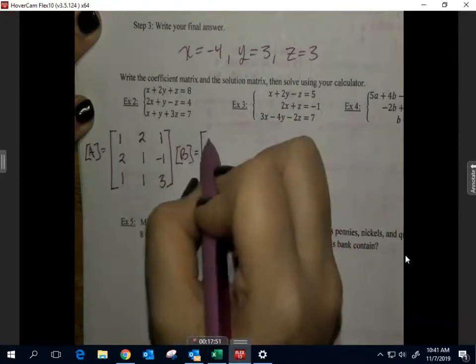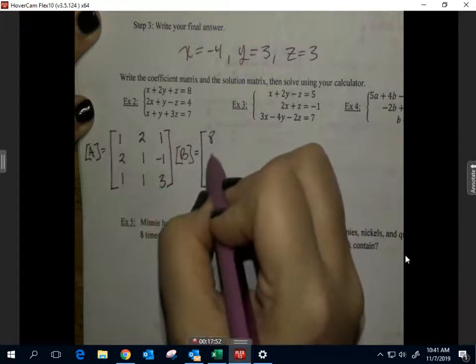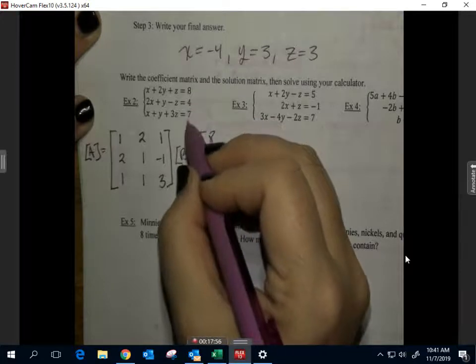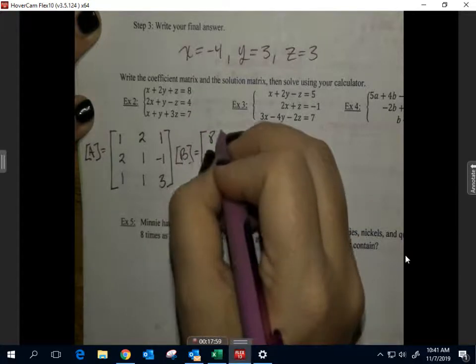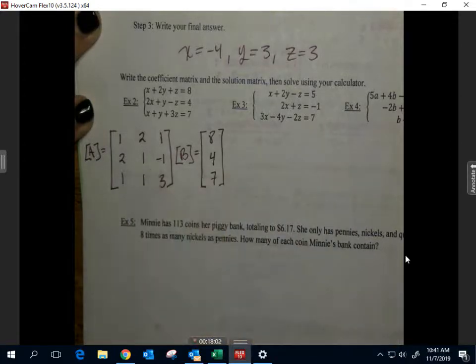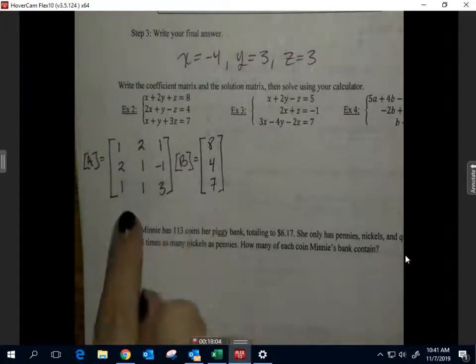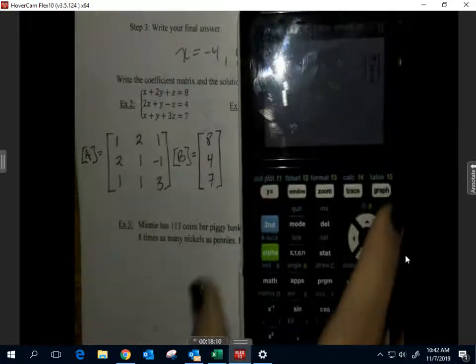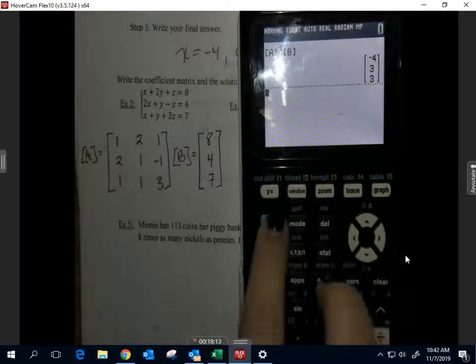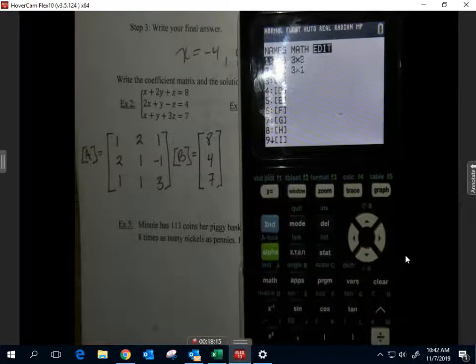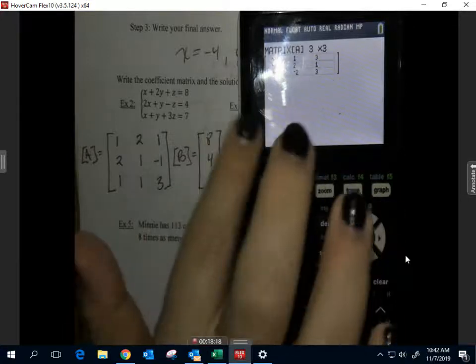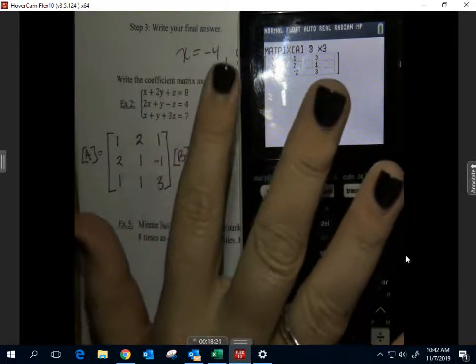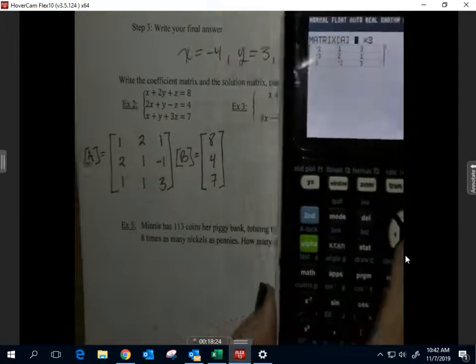Now let's do our constant matrix, which is what? 8, 4, and 7. 8, 4, and 7. So this is what we have to create these two matrices, okay? Well, what's nice is that we've already had the correct dimensions. It's a 3 by 3 still, correct? We just got to change the numbers.